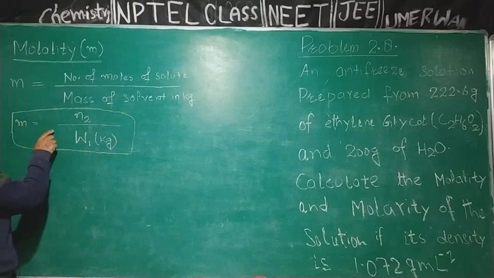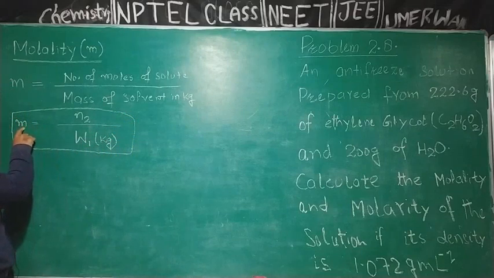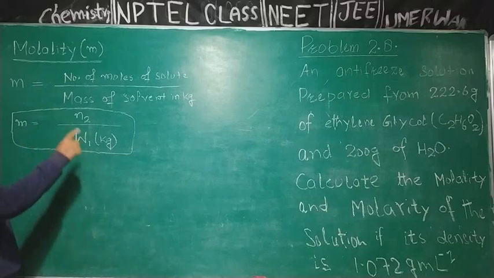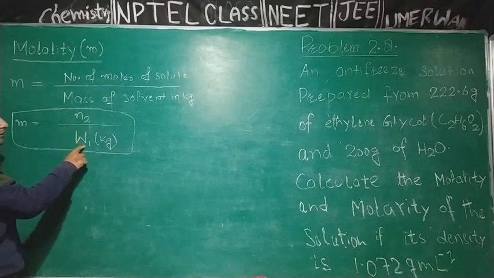And this equation is a proof of fact that molality is method or unit of expressing concentration of solution. It is the relative amount of solute present in given amount of solvent, or it is the amount of solute present in unit amount of solvent.